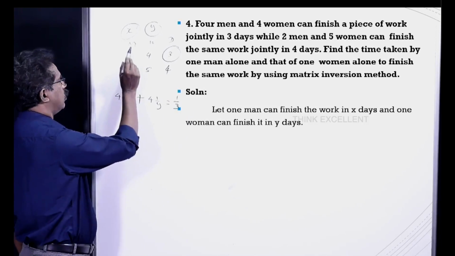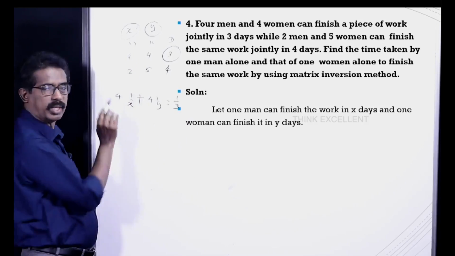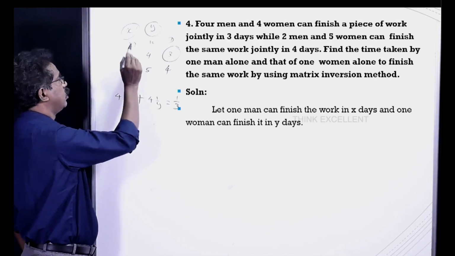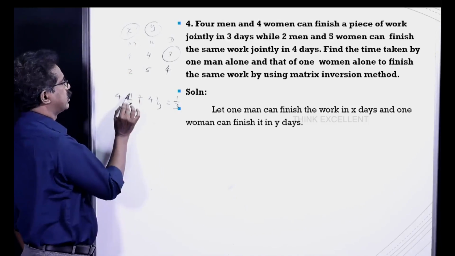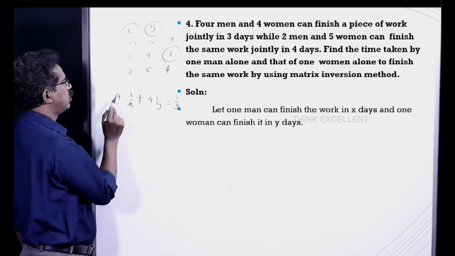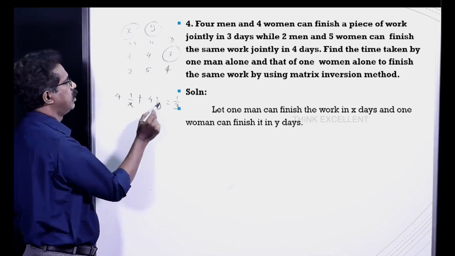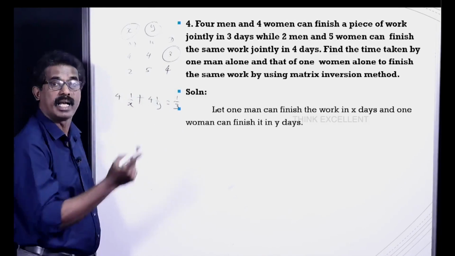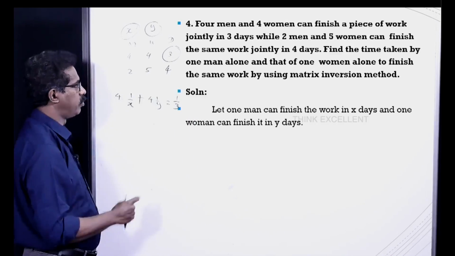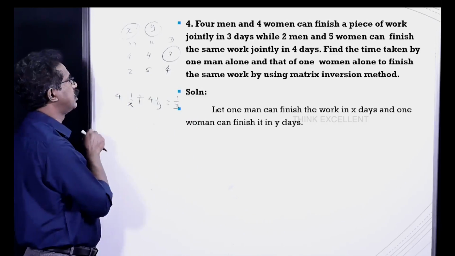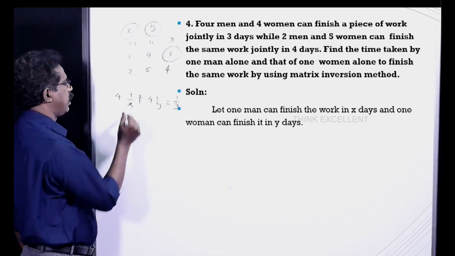A man can finish the work in x days, we assume. So a man's 1 day's work is 1/x. 4 men you are joining, so 4 into 1/x. Same way 4 women. Together they need 3 days, but if they work 1 day, 1/3 of the work will be over. Same way for the second equation, a man's 1 day's work is 1/x.